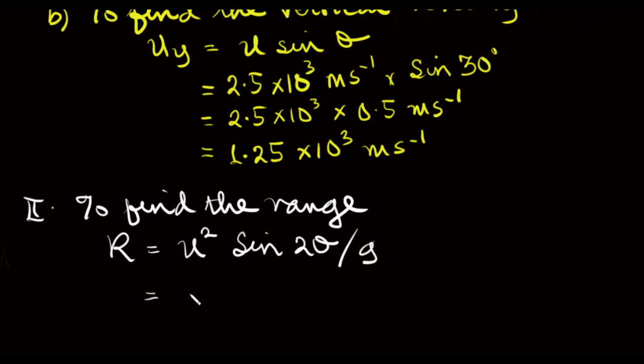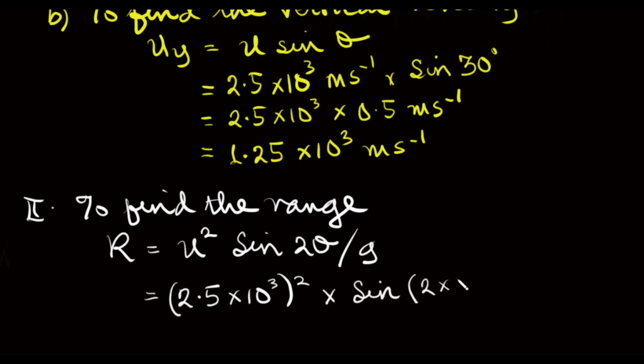And we substitute the values. Our u is 2.5 times 10 raised to the power 3, this will be all squared, times sine 2 times 30 degrees all over 10.